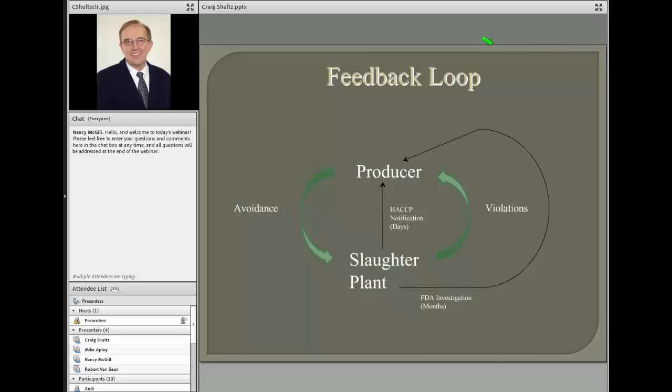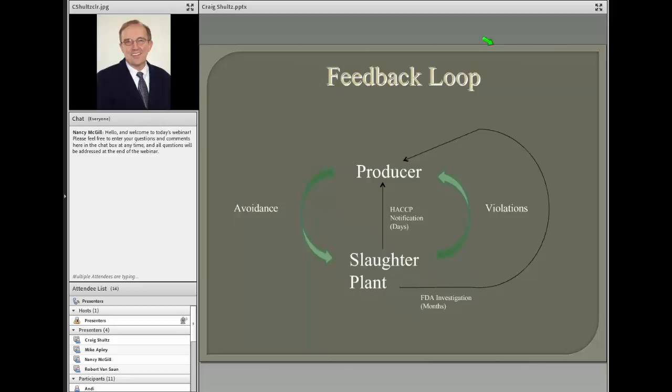And once that producer receives that feedback, they're going to take the appropriate avoidance measures to make sure that doesn't happen again.